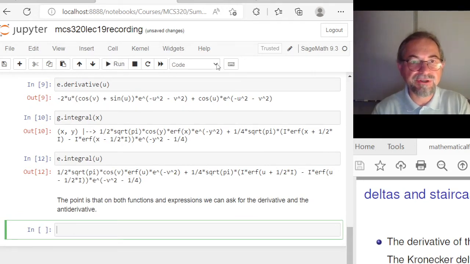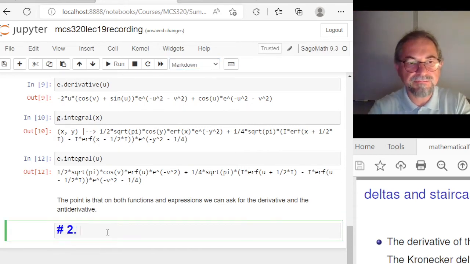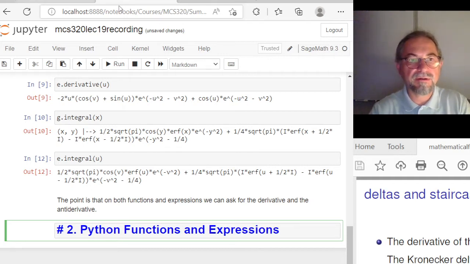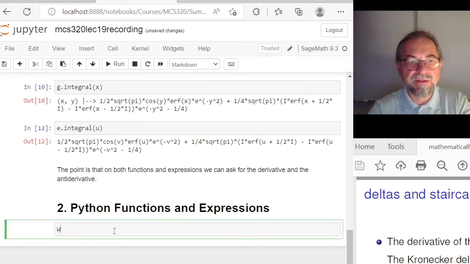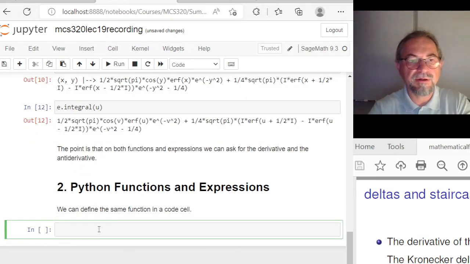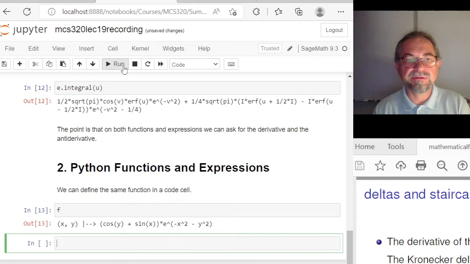So let me make the distinction between expressions and Python functions. We are running Python within Sage, so that's important. So we can define the same function. Let me, in a code cell, here is the definition again.